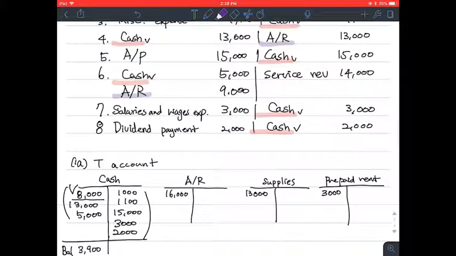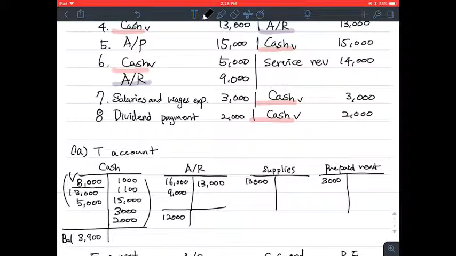Okay, we only have 2 items, 9,000 and 13,000. If we add all the debit and credit sides, it should not equal. It should give us a balance, and the balance is 12,000 on the debit side. We do the same thing for all other accounts.